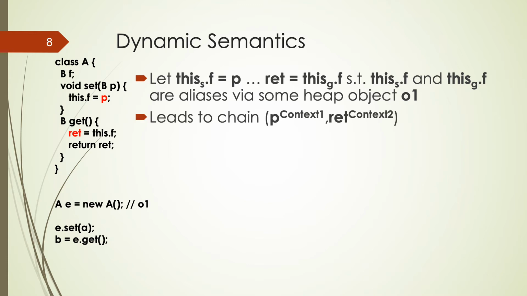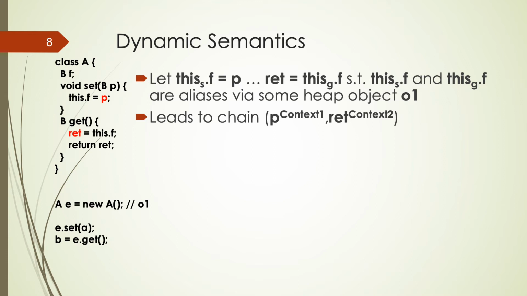So in our semantics, this leads to a chain from p in context 1 to ret in context 2. And normally in static analysis, reasoning about such flow is done via points-to relations. So tracking that this of S points to object O1 and this of G points to the same object O1.